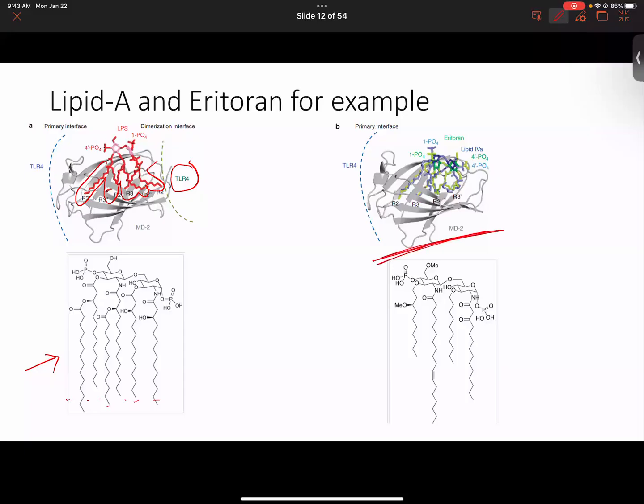There was a drug that was being studied years and years ago. It was called Eritoran. It was studied by a company called Eisai. It was meant to be a TLR4 antagonist.